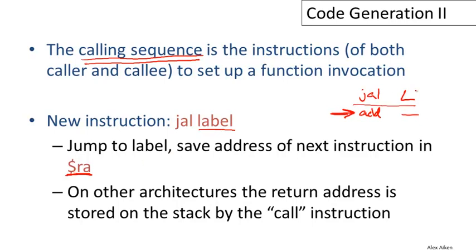So this instruction will jump to L. It will store the address of this add instruction in RA, and it will execute whatever code is at L. And then the code that's at L can execute a jump back to the address in here to execute the return to the caller.